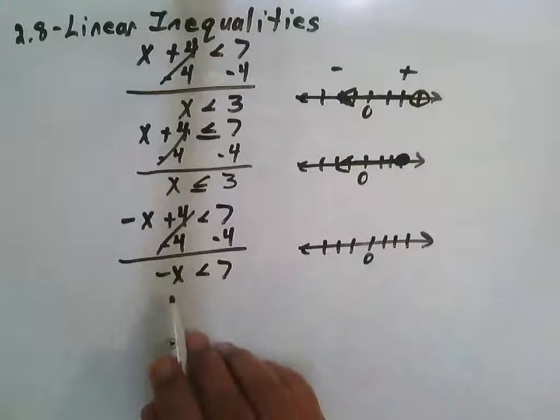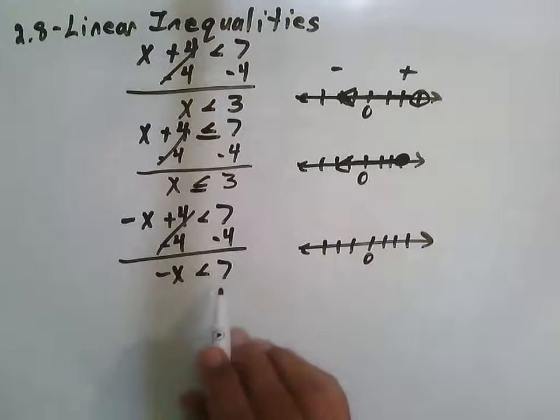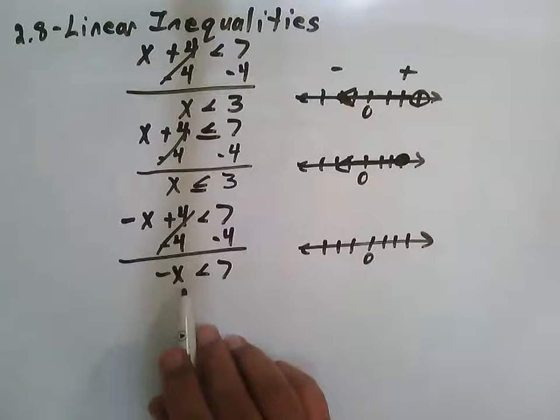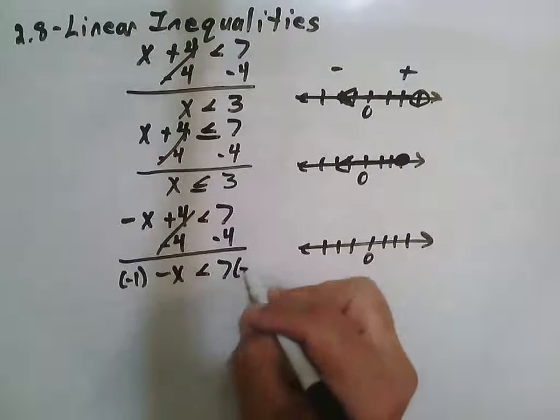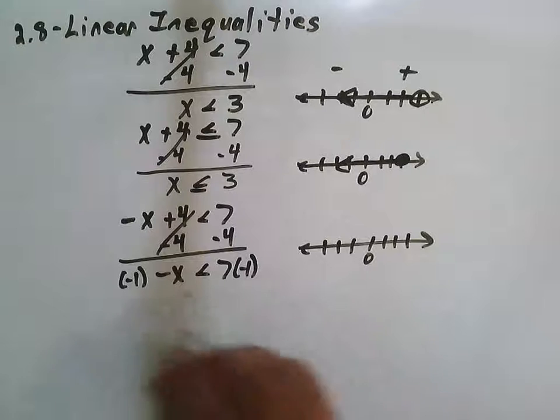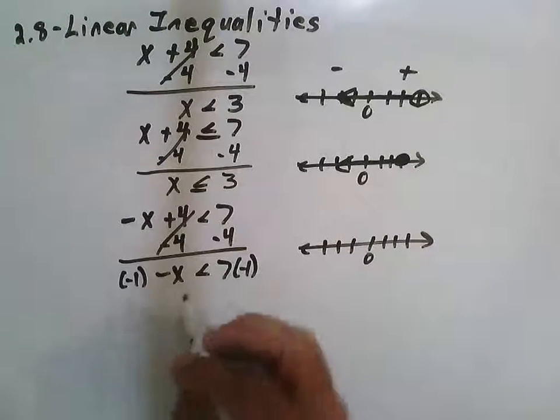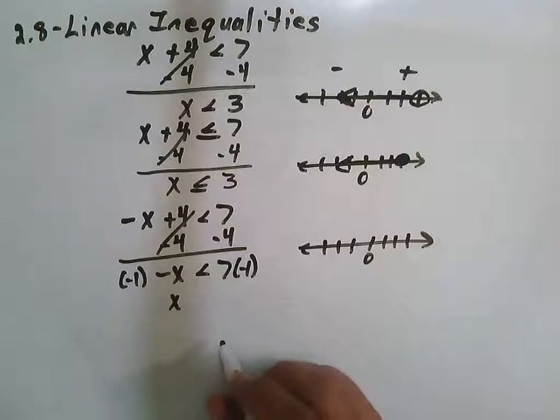Because this is a negative variable, when we solve inequalities or equations, I have to use the opposites if it's a negative. In other words, I need to solve for x, not for negative x. How I do that is I multiply by negative 1. Whatever I do on one side of the equation, I do on the other. Anytime you multiply two negatives, you always get a positive, and that will give you a positive x.